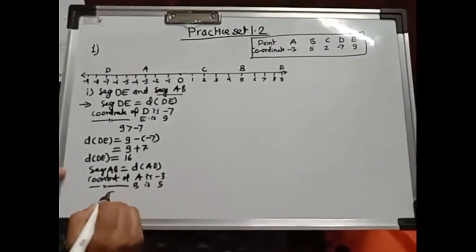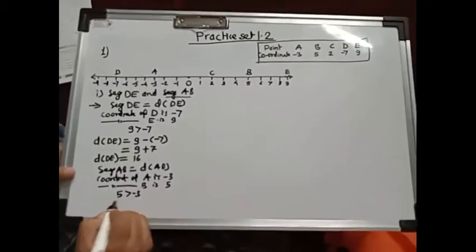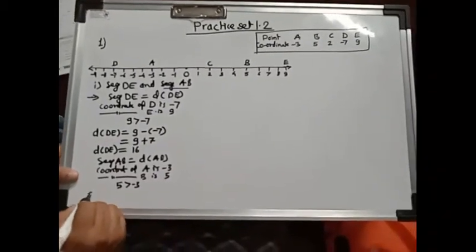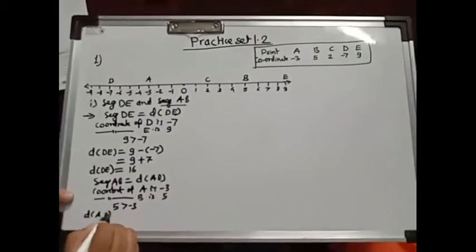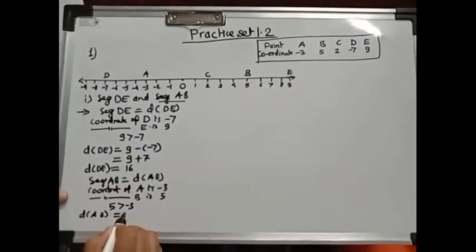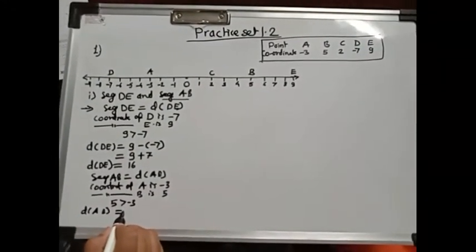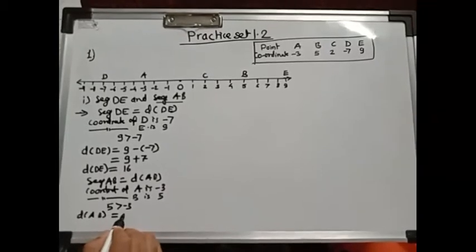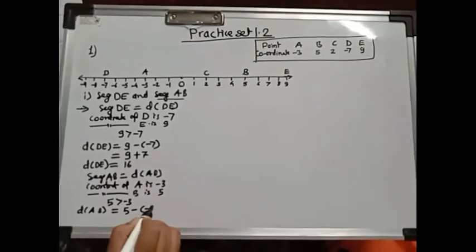Now we know very well 5 is greater than -3. So put the values in: distance of AB is equal to the larger one, 5 minus -3.